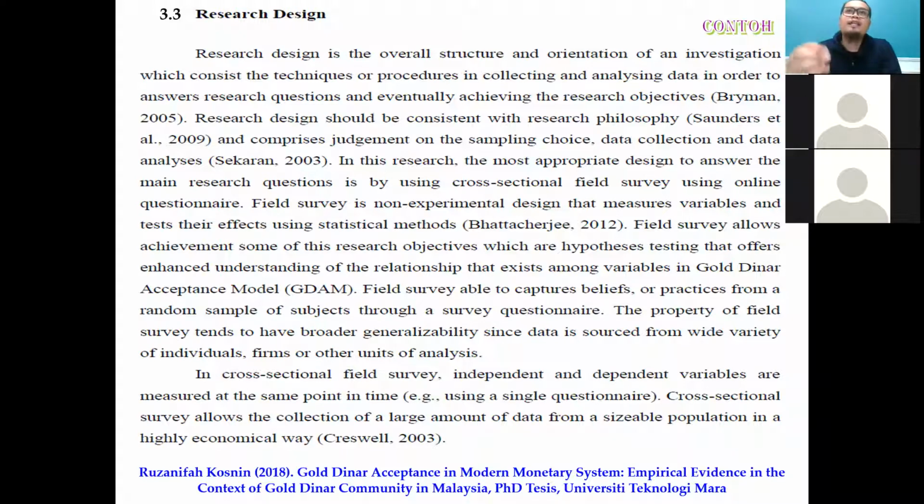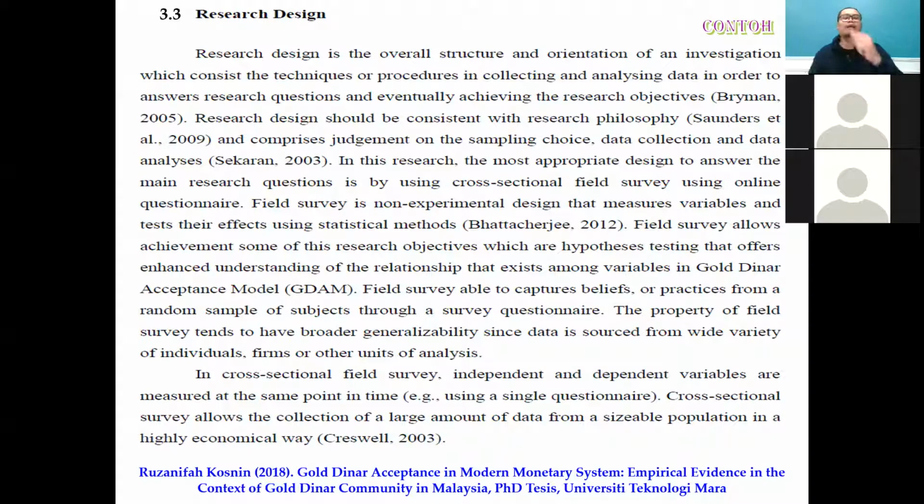By doing the cross-sectional, it is easy to assess and easy to achieve your research if you use constructs of variables, with independent or dependent variables. That's why this research uses the survey and then the cross-sectional in order to answer your objective and research question.